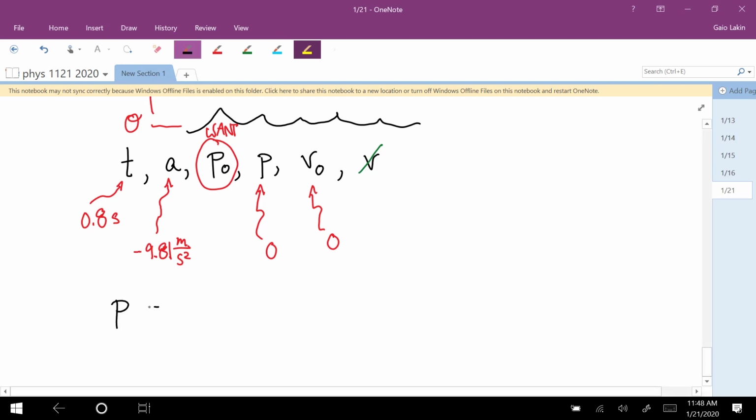So P is equal to P0 plus V0 T plus 1/2 A T squared.